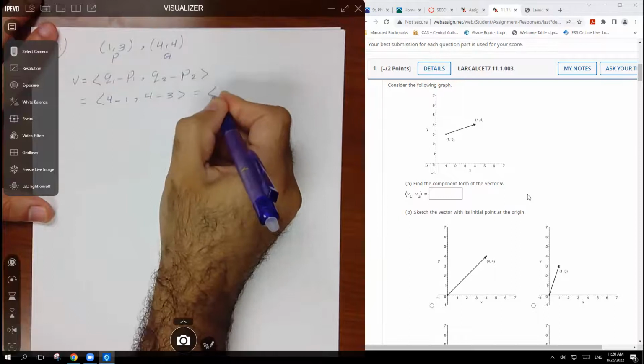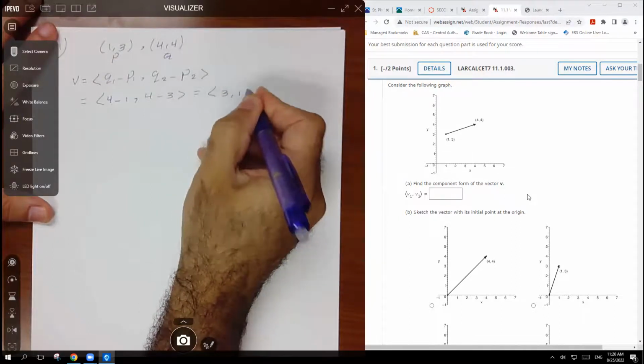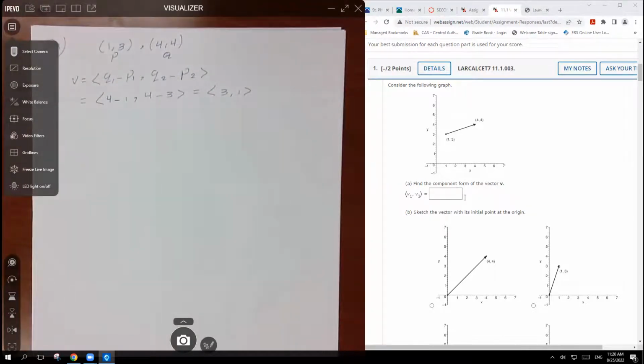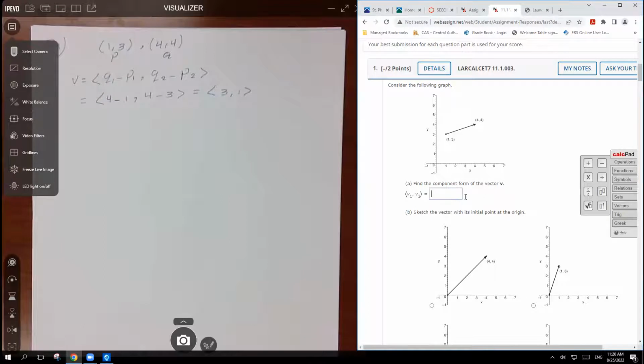So the result is going to be 3 and 1. This is the first thing, 3 and 1. But here's the thing, be careful. Are we going to write down vectors? Yes, so you're going to click on the vectors, and it's going to be 3, 1, and it's already closed.